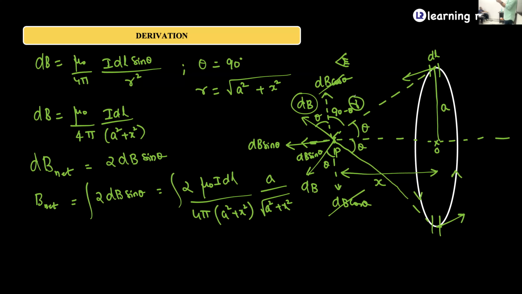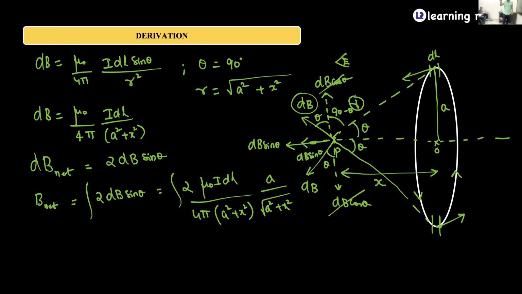So what is the contribution of each dl over this loop? This dl starts moving from here and comes to the other end, and the other dl would have started here and come to the other end. So each dl is covering only half of the circle.